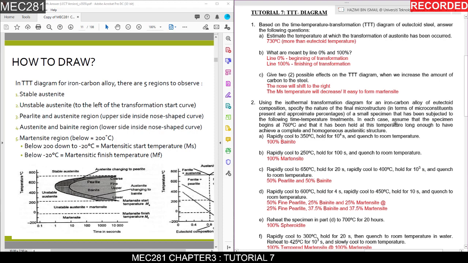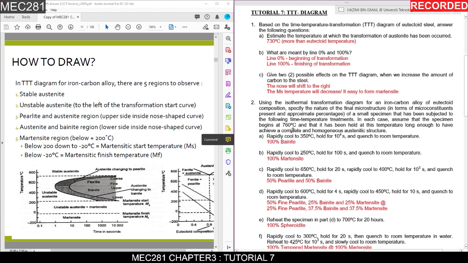In each case, assume that the specimen begins at 760 degrees Celsius and that it has been held at this temperature long enough to have achieved a complete and homogeneous austenitic structure. So the question asks you to find the micro constituent present and also the percentage.